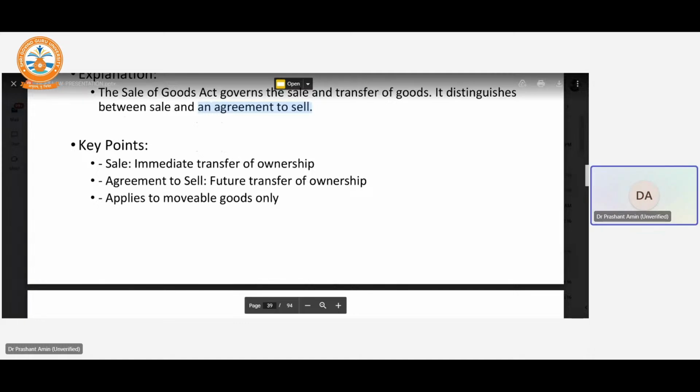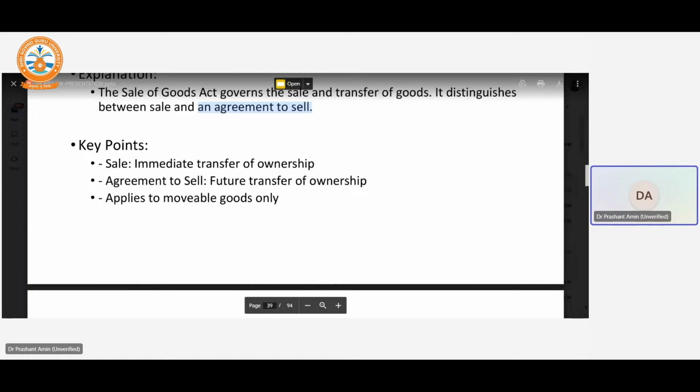So there are three steps. One is the display of goods, which is not for sale. It is just an invitation to offer. Once you look at that invitation, you show your interest and talk with the seller.